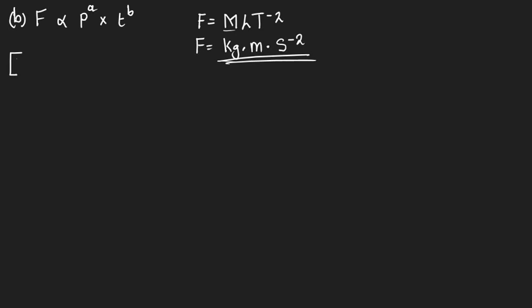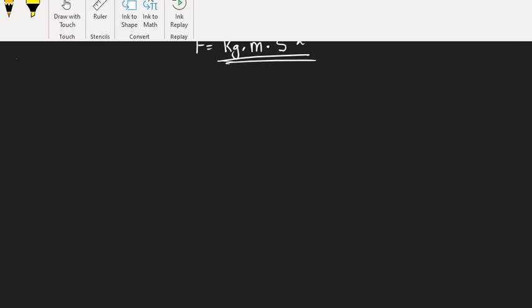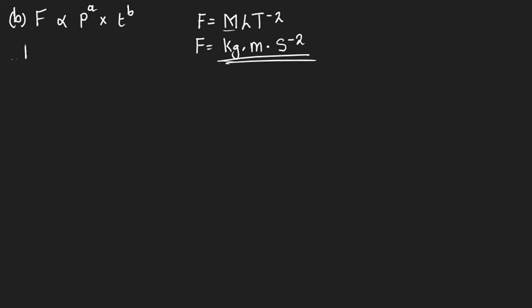So I am going to put my units of force. But before that, if we introduce an equal sign, this becomes a constant, that becomes momentum raised to the power A, and this becomes T raised to the power B. We can put our units for force.